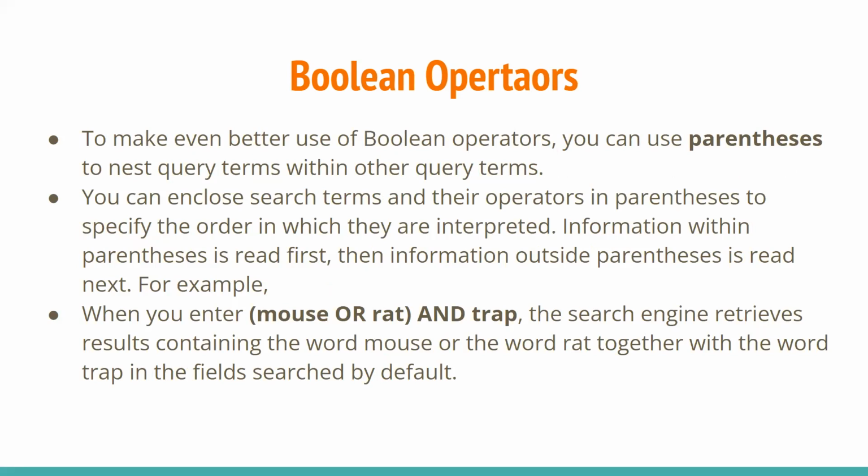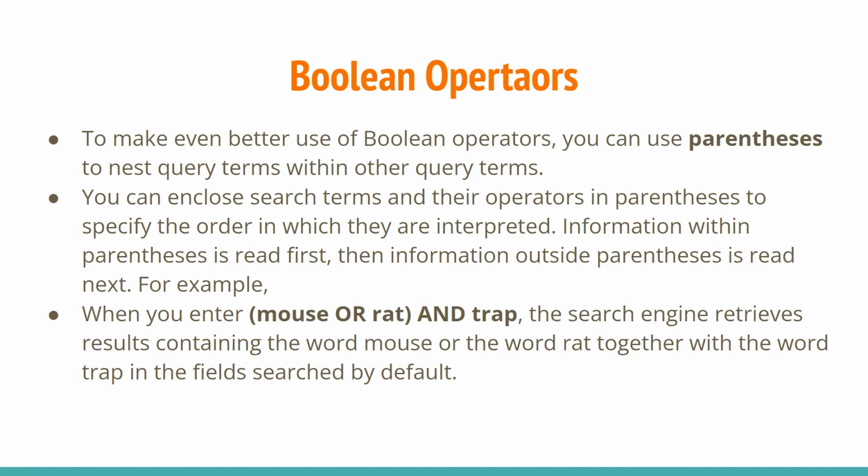So in addition to these Boolean operators, you can also use parentheses to help nest queries within terms if you want to use it all on the same line. This will help the database better understand what you're trying to ask and not just be piecing the individual pieces together, but know that this is a piece and this is a piece and piecing them together. For our example here being (mouse OR rat) AND trap.